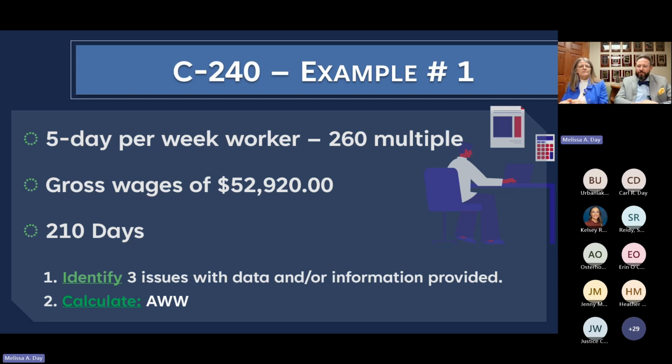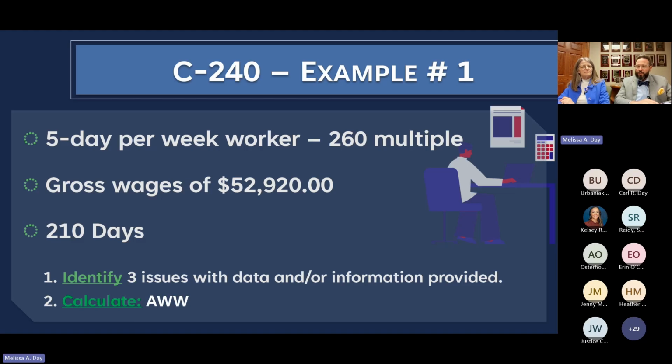So we have our claimant, ouch, it hurts. Melissa came up with these names. Who's a day laborer? And you're going to see that he's tagged as a 5-day per week worker. So the first thing for this example is we know we're going to be using a 260 multiple method under 14.1.